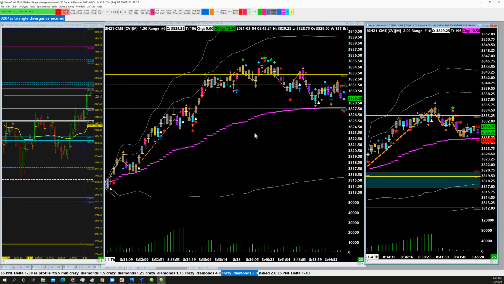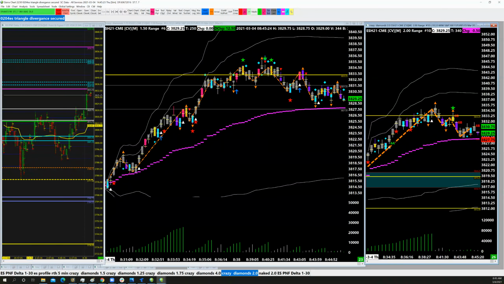NQ about to close underneath on a TMP, underneath the 24-hour VWAP as well.